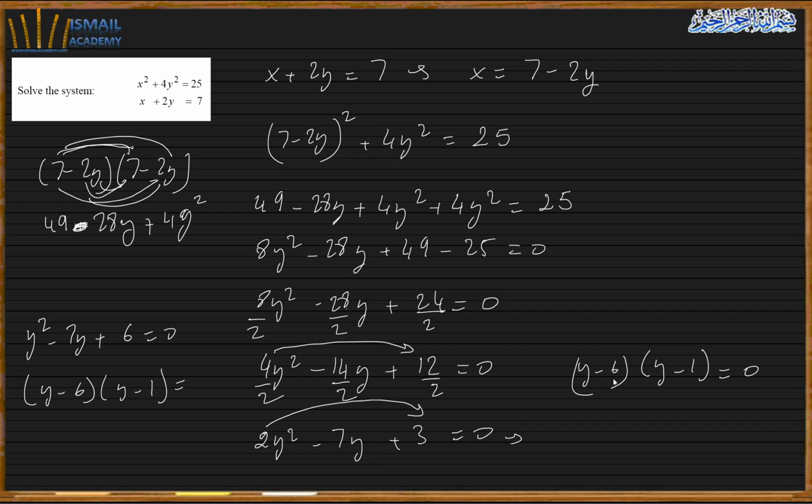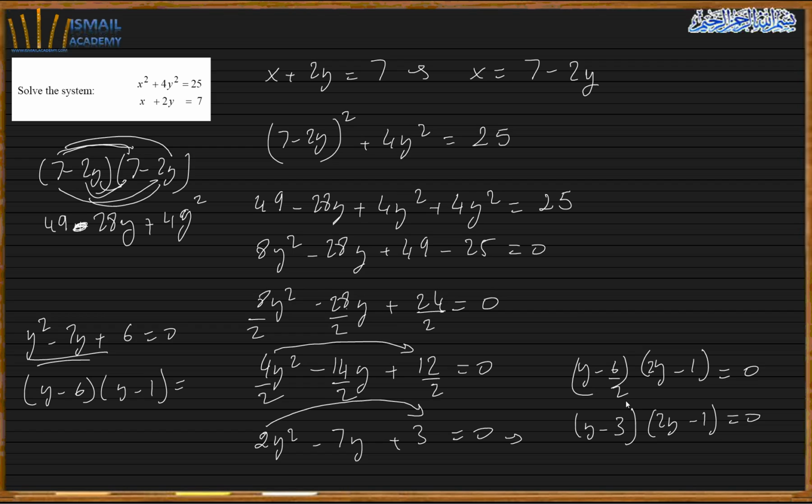So I need to divide this one by 2 and multiply this side by 2. So I'll get y minus 3 times 2y minus 1 equals 0. Because I multiply by 3 to make it simple, but when I factor I need to do the inverse operation, which is to divide the one which is a multiple of 2 by 2. So here I divide this one by 2 and I times that side by 2.